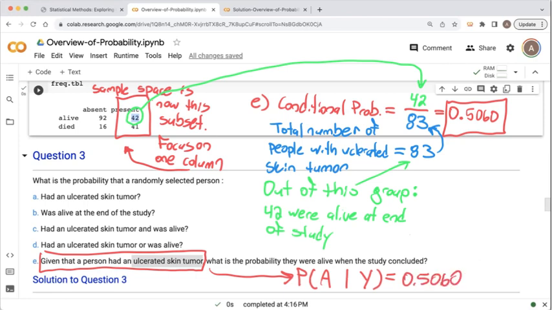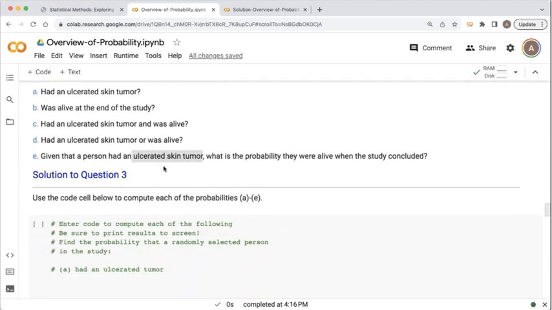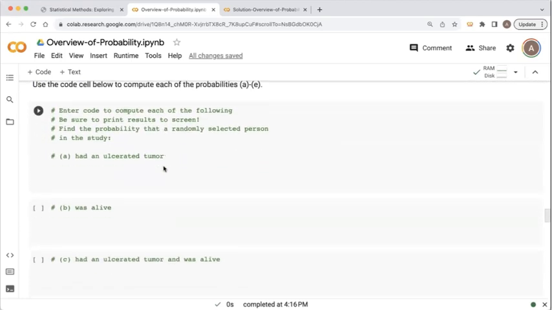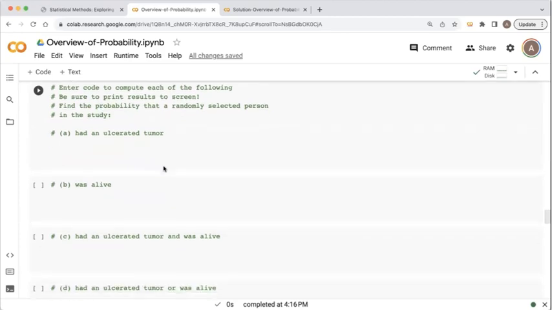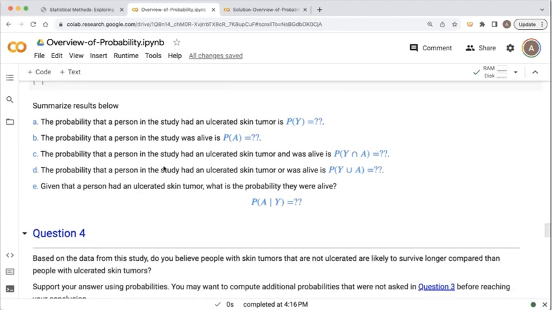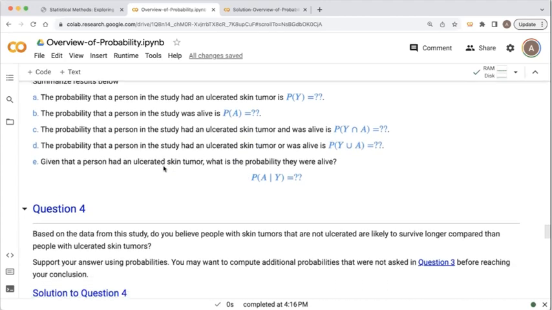The denominator is changed to the total of the event that is to the right of that bar. And you can check the solution Colab notebook to see how I entered those fractions in R to get those proportions. And they're typed out a little nicer in the solution notebook.